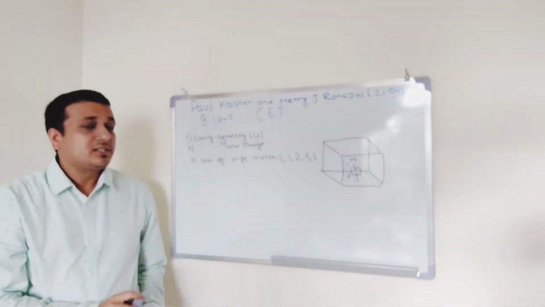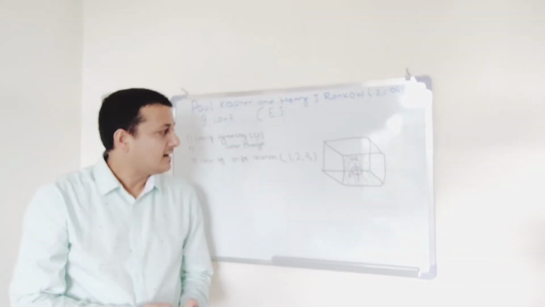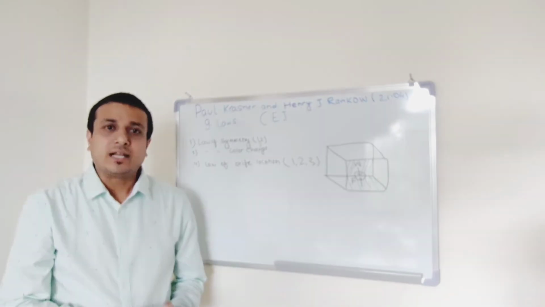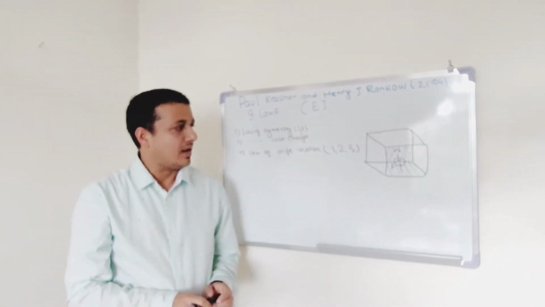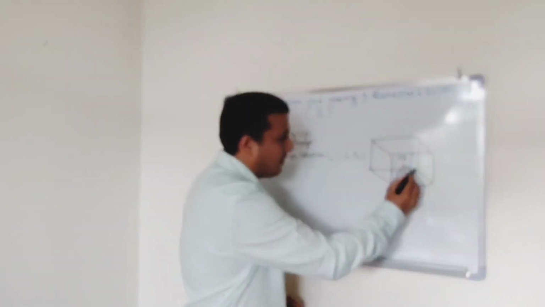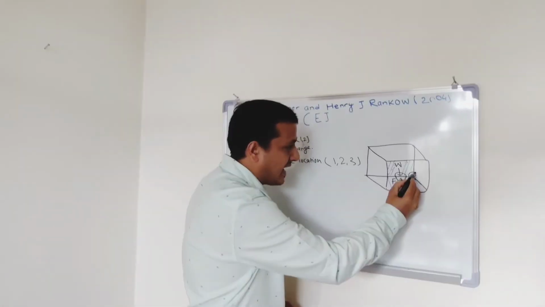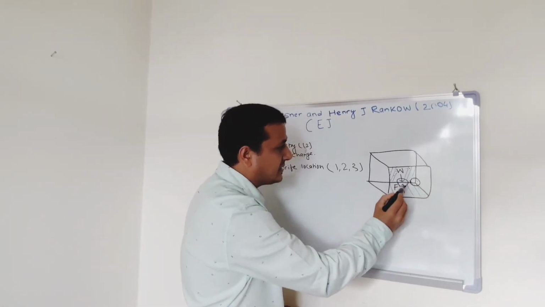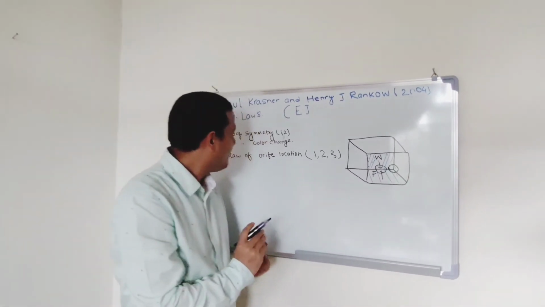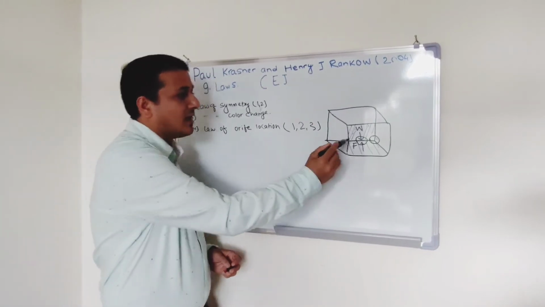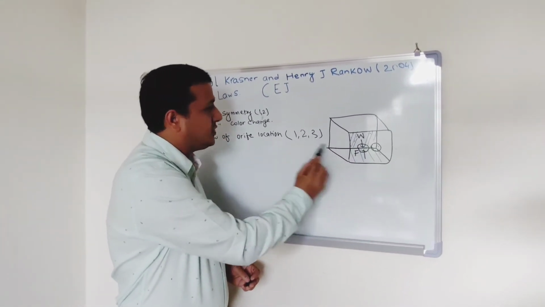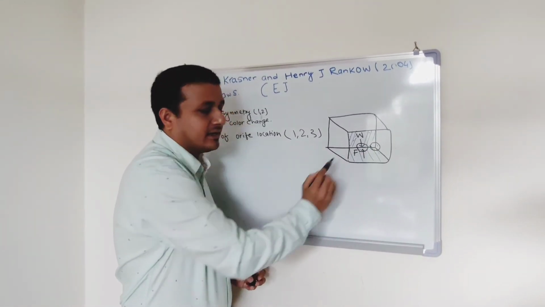Law of orifice location 2 says that the orifices are located at the angle formed between the floor and the wall. Somehow we can see that this may be the angle. So here we can see the orifice. When we talk about law of orifice 1 and 2, 1 is related to the line angle and 2 is related to the point angle.